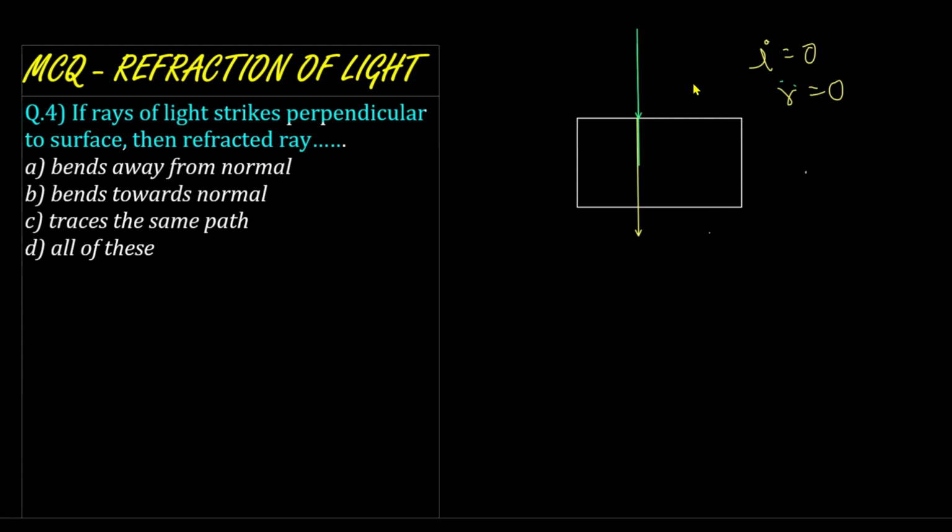The options are: bends away from normal, not correct. Bends towards normal, not correct. Traces the same path, yeah, that should be correct. Traces the same path means it's not retracing, it's going undeviated, without bending. So the correct option is traces the same path.